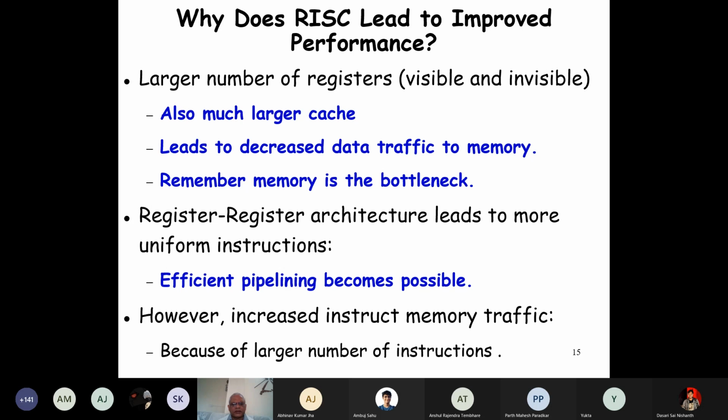And therefore, the number of instruction fetches increases. So if you think of a negative, you can say that the number of fetch cycles increases. But then the other advantages are so many, and also these instructions are there in the cache because we have the instruction cache because of the available semiconductor area, that access becomes fast.